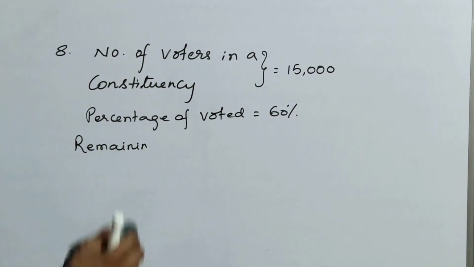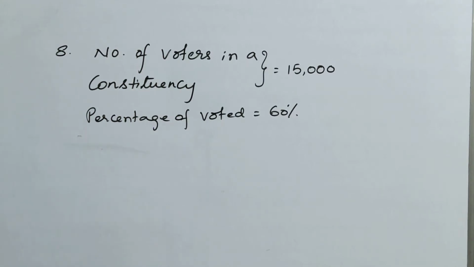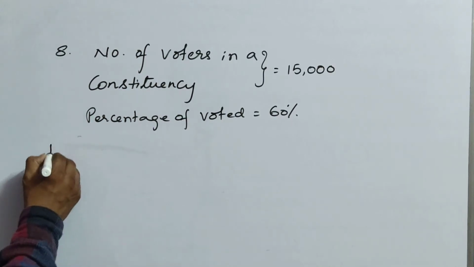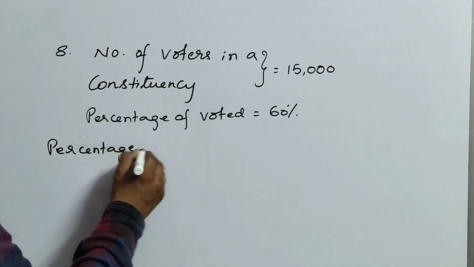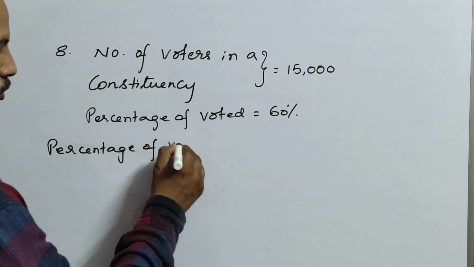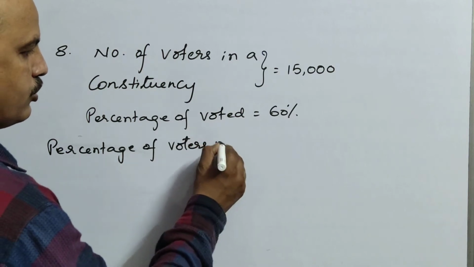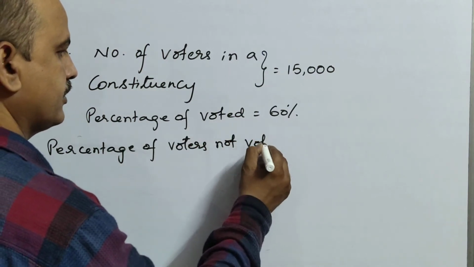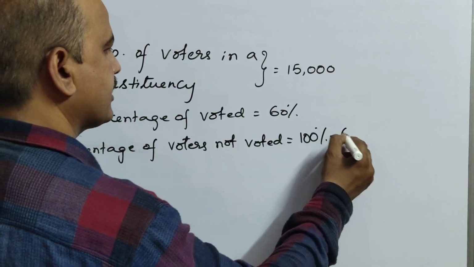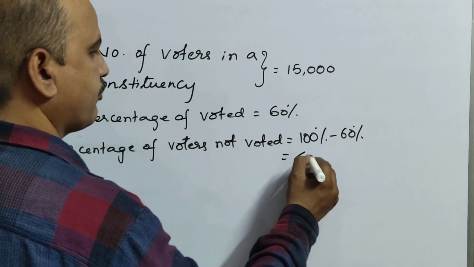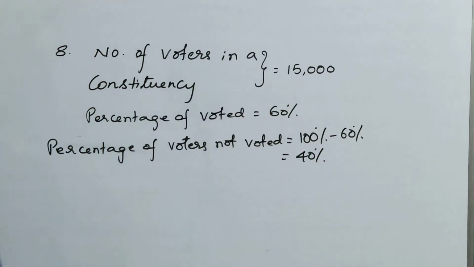You can write directly like this: percentage of voters not voted is nothing but 100% minus 60%. That means 40% did not vote. 40% of the members did not vote.